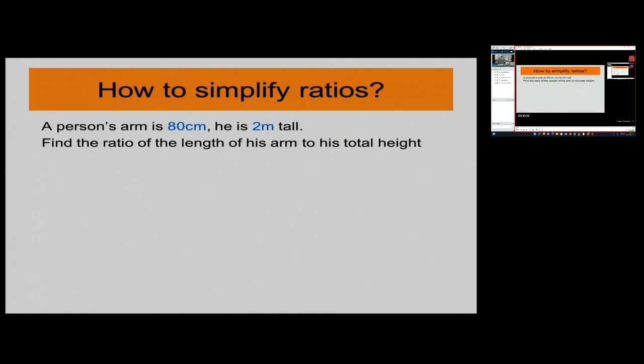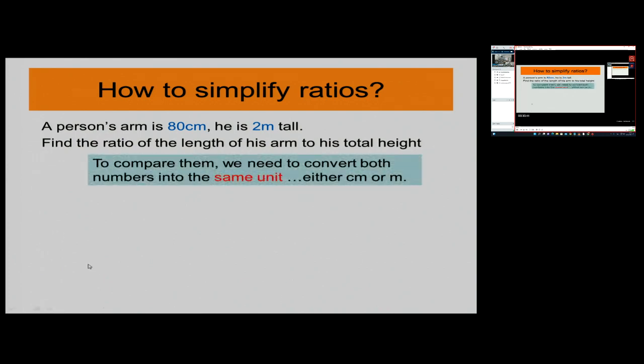Now let us have this one. A person's arm is 80 centimeters, and he is 2 meters tall. Find the ratio of the length of his arm to his total height. So remember, we are trying to compare the arm and the height.